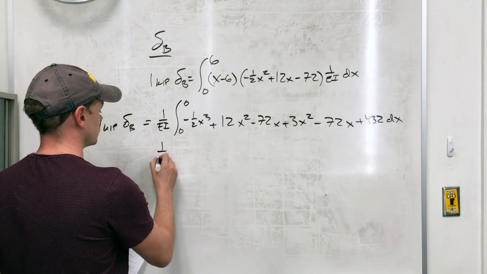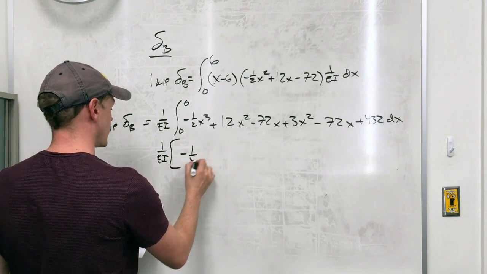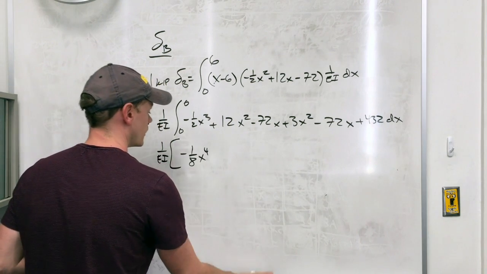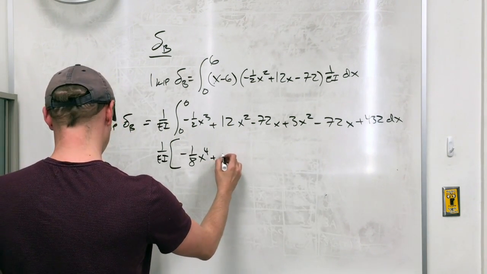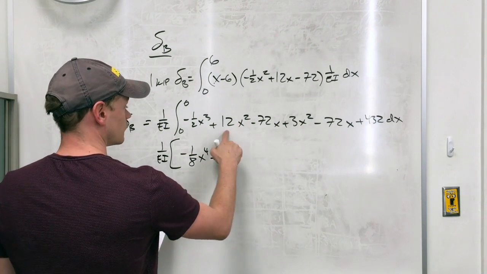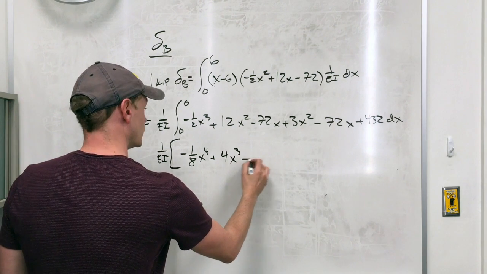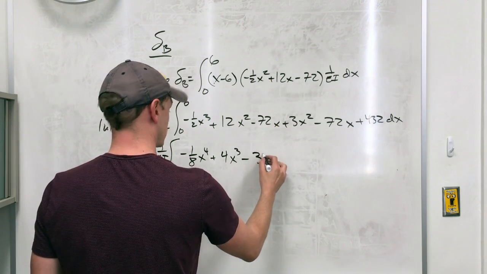So, I have minus 1 over 8, x to the 4th. I'll write this at the end. It's all evaluated at the same distance, right? This one is 12 over 3, that's 4. This one makes 36, right? 72 over 2, 36.